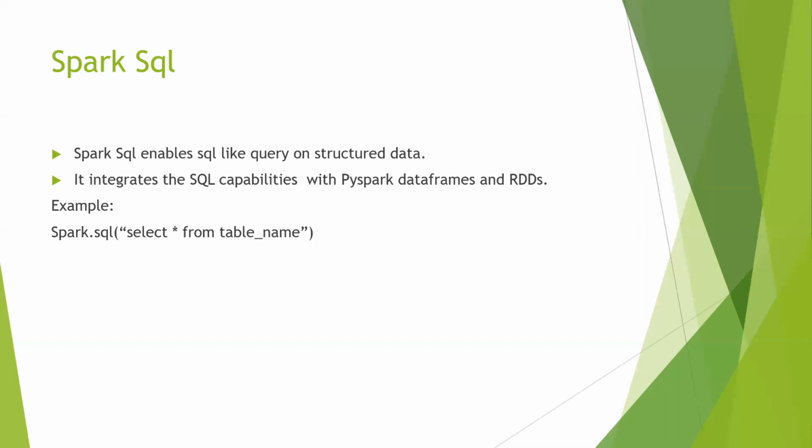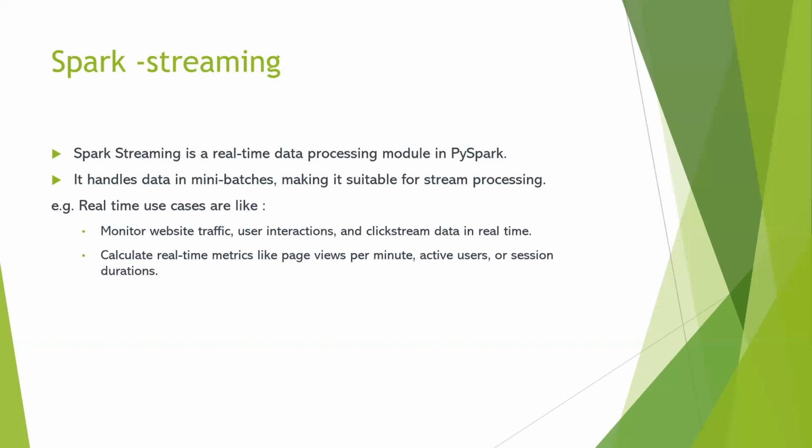Both work together in a single program. So it integrates SQL capability with PySpark DataFrames and RDDs. For example, spark.sql select star from table name. That is purely an SQL query, but you can use it in your Python program while using PySpark. That is an integration.